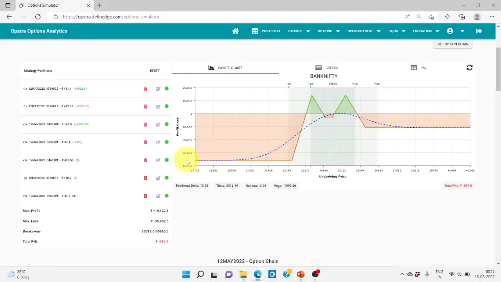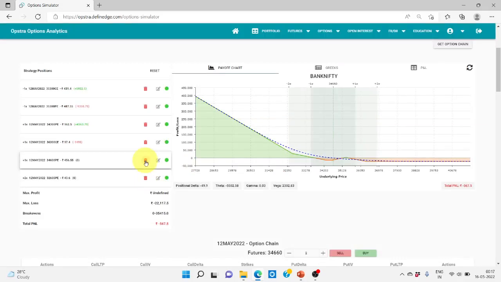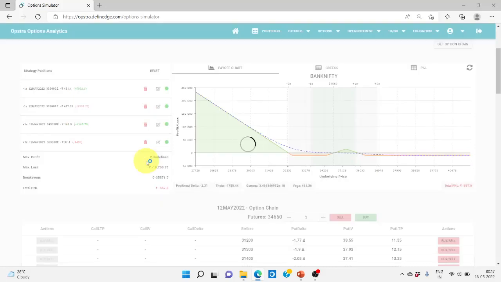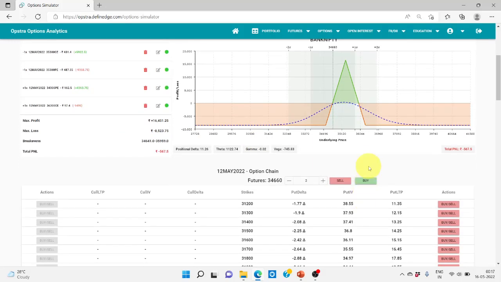Then the other strategy is naked selling, which is the normal basic strategy that people do. Hope everybody knows that, but just a recap for you. Once the break-even is reaching the lower side, then generally what we do is we sell a call to get a little more premium and increase the break even a little more.